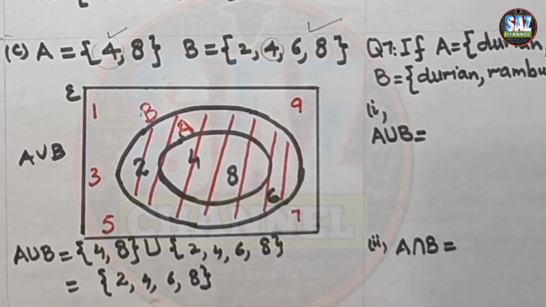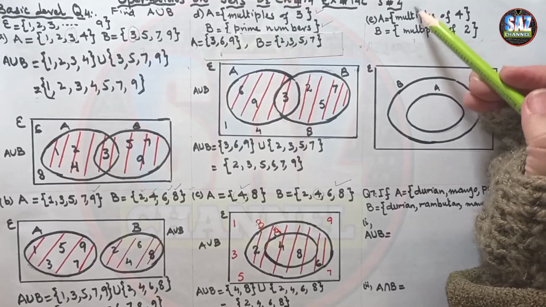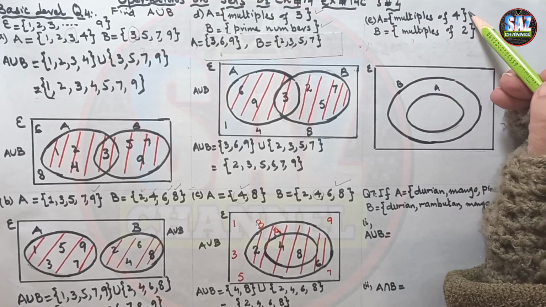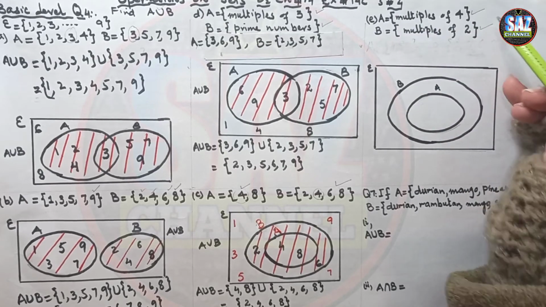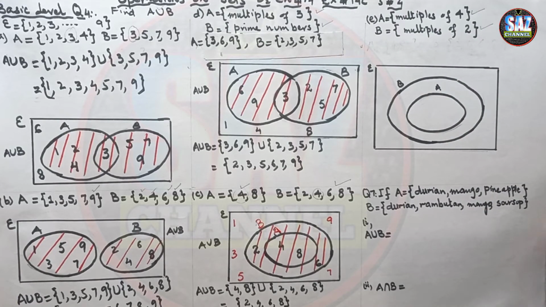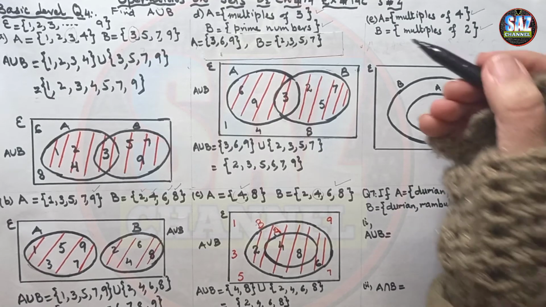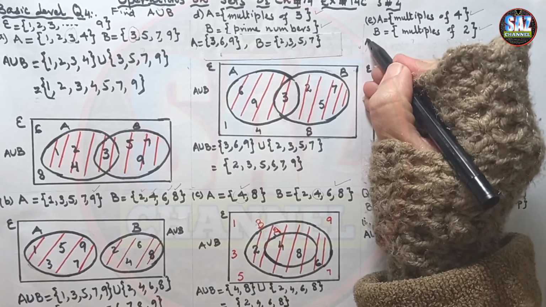And let's move to the next part of the question. The next part has set A with multiples of 4 and set B with multiples of 2. Do not forget to pick up the elements of the subsets from the given universal.